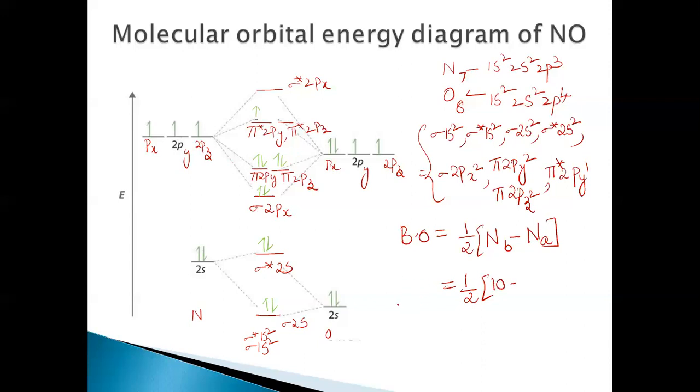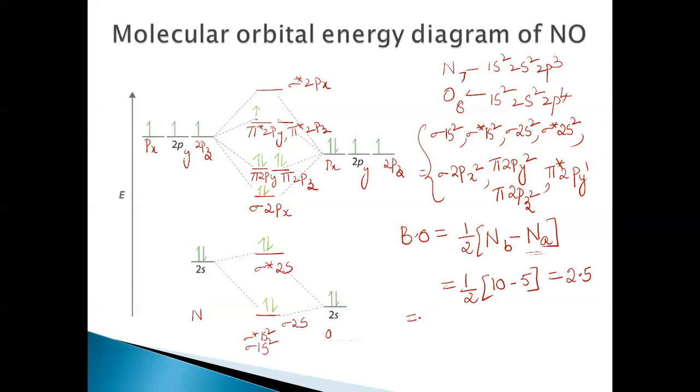With the star, the number of electrons in the anti-bonding molecular orbitals is 1, 2, 3, 4, 5, only 5. So the bond order is half into 5, that is 2.5.